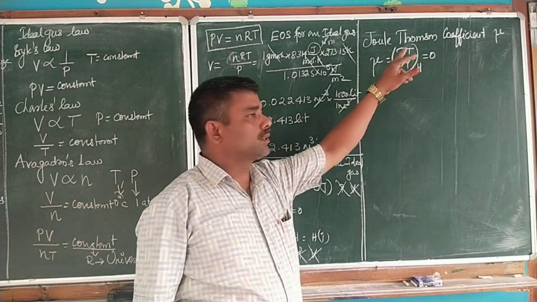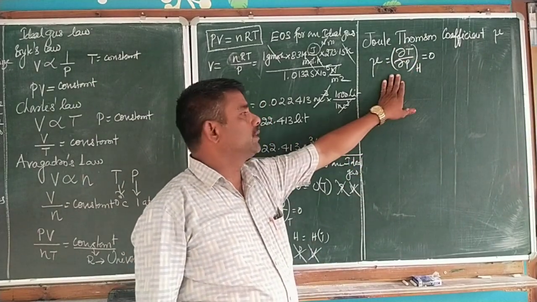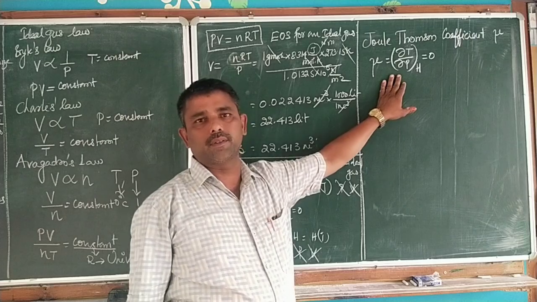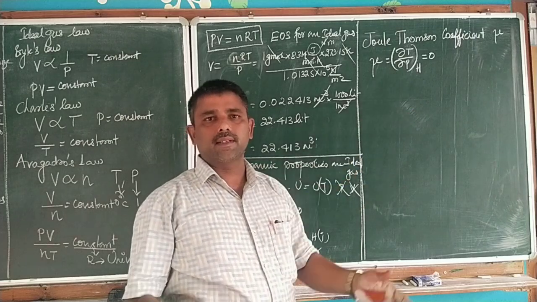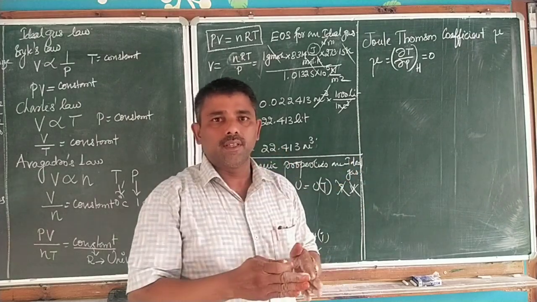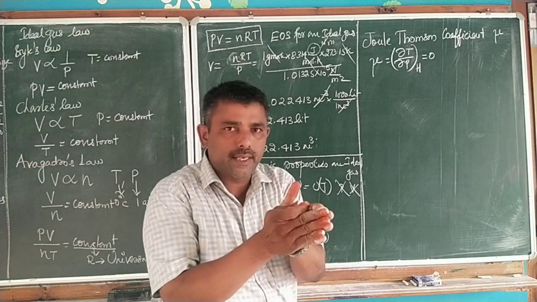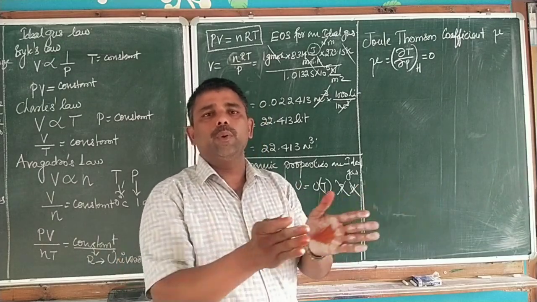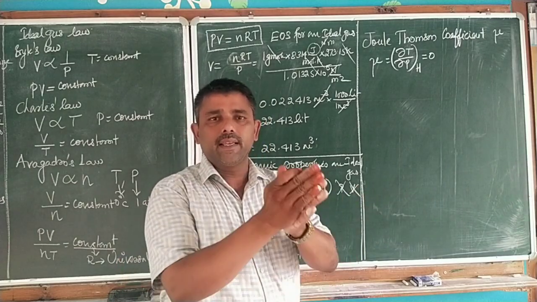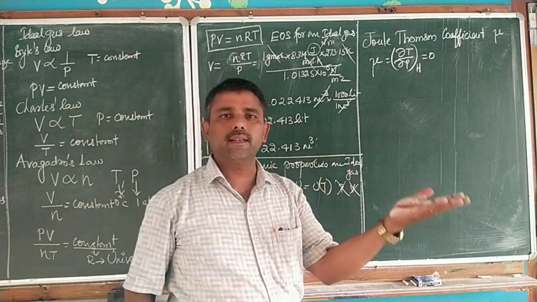This information is very important in the throttling process. When a gas is compressed to high pressure and allowed to pass through a flow restricting device, there will be a pressure drop.